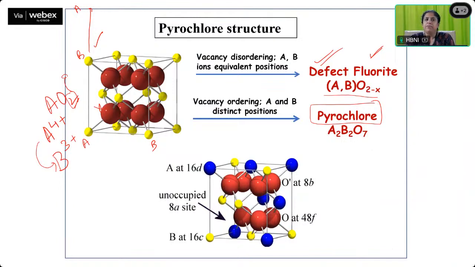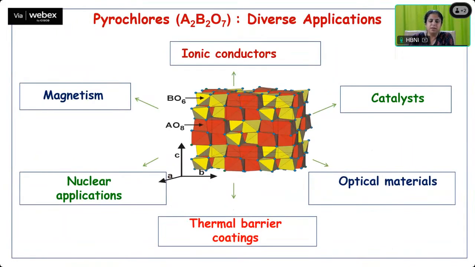Repeating it again, if you replace 50% of A4+ by B3+, and if the radius ratio allows for it, there will be an ordering of A and B cations along all the three directions, and the oxygen will get removed from a particular lattice site. Then the fluorite structure transforms to pyrochlore structure. Okay, that is what pyrochlore structure is.